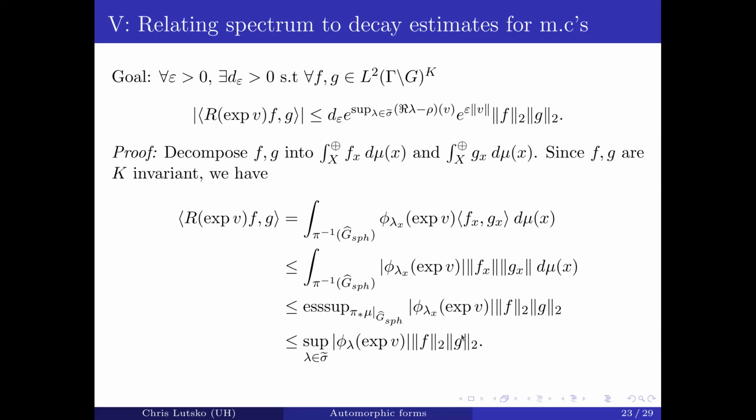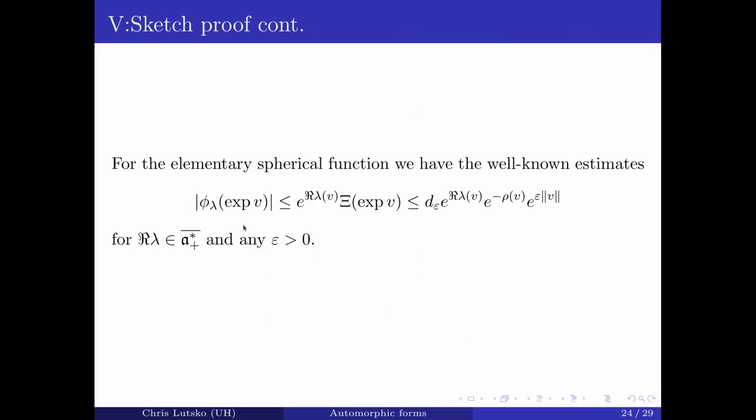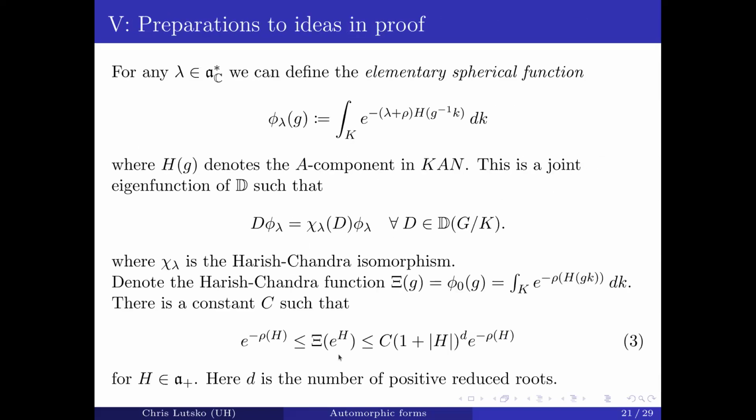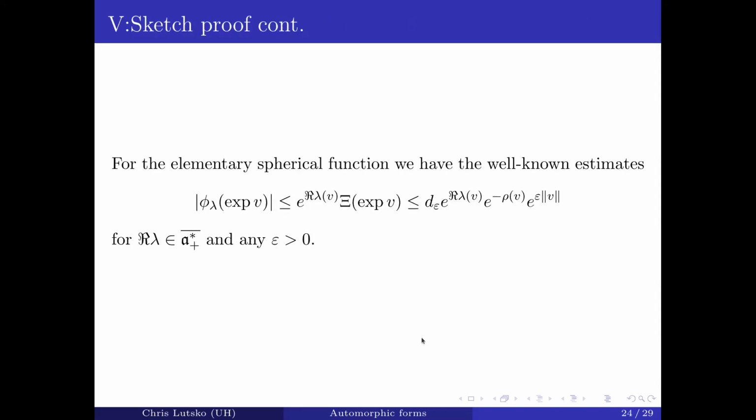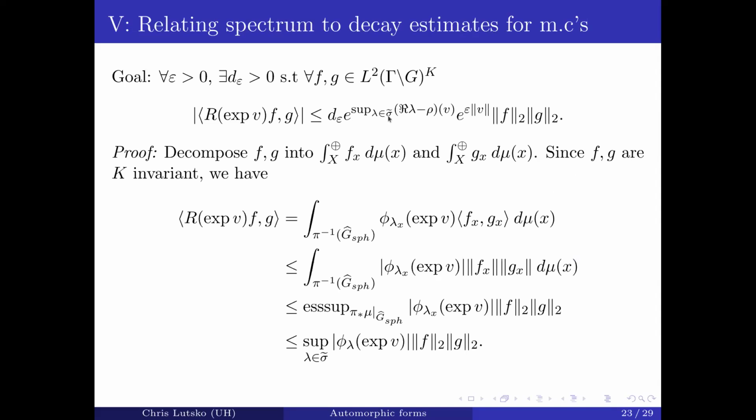And then we have bounds on the elementary spherical function in terms of the Harish-Chandra spherical function, which we have bounds for as well, coming from this bottom line. Then we end up here. We have the two L2 norms of F and G, and we have this exponential decay given by the real part of lambda, which is exactly the thing that we can control using our spectral estimates.